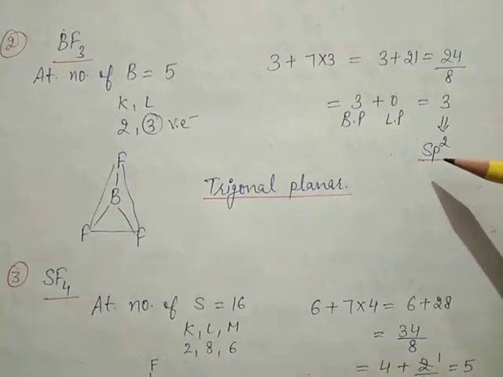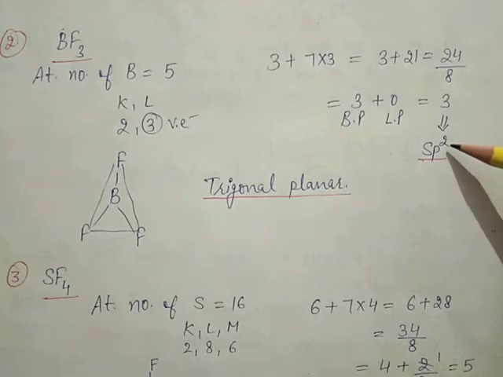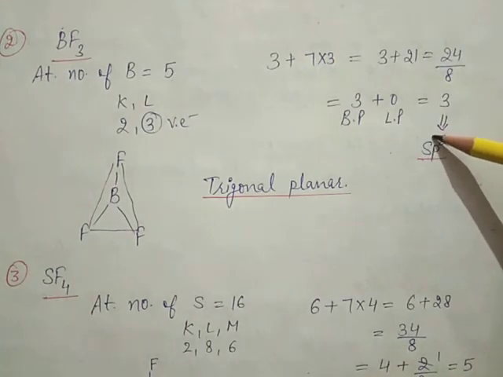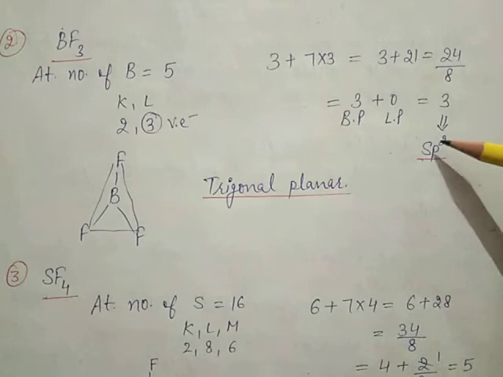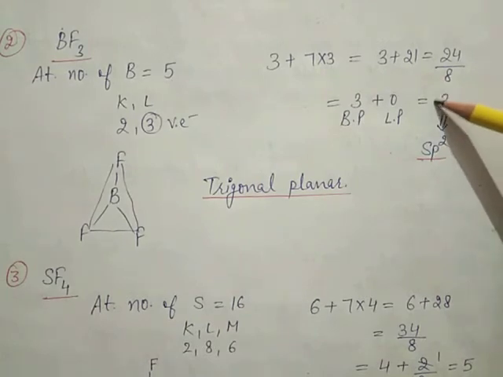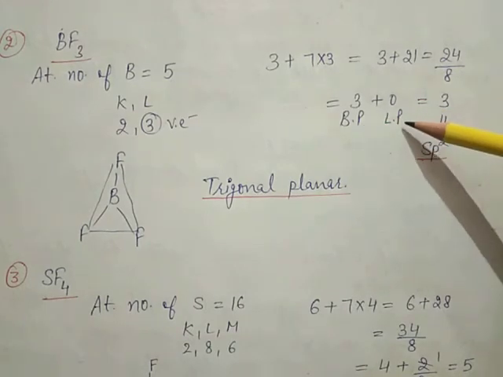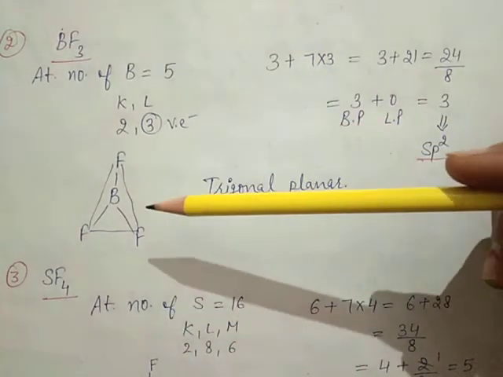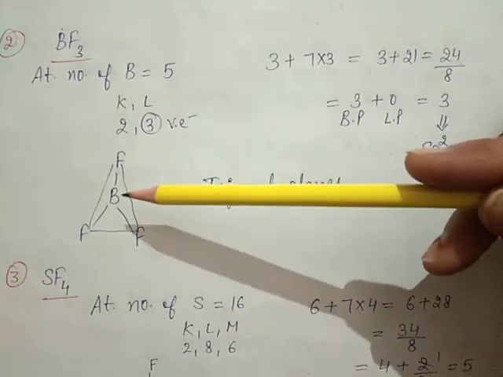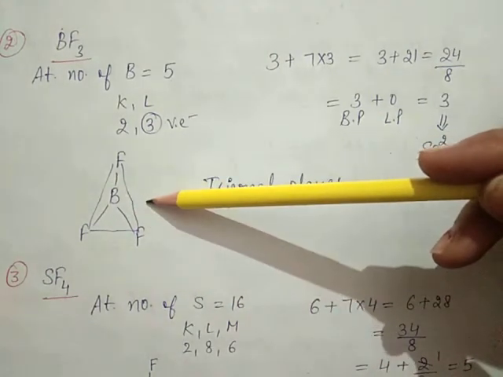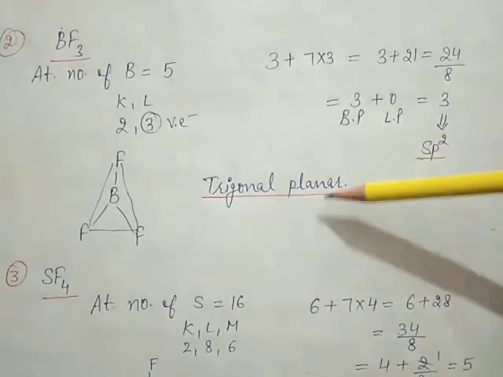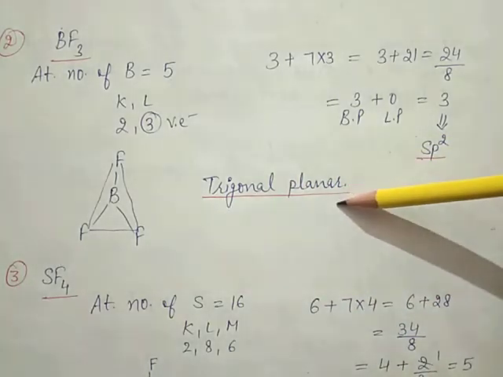So its hybridization is sp2. So s orbital is 1 and p is 2, so 2 plus 1 is 3. By the help of the table, we can check 3 bond pairs and 0 lone pairs. This will be trigonal planar, so the shape and the geometry of the molecule are both trigonal planar.